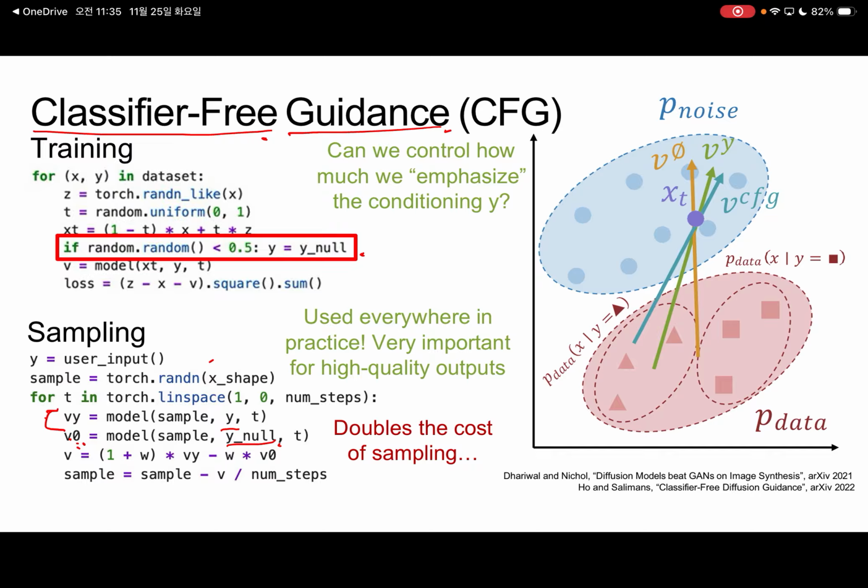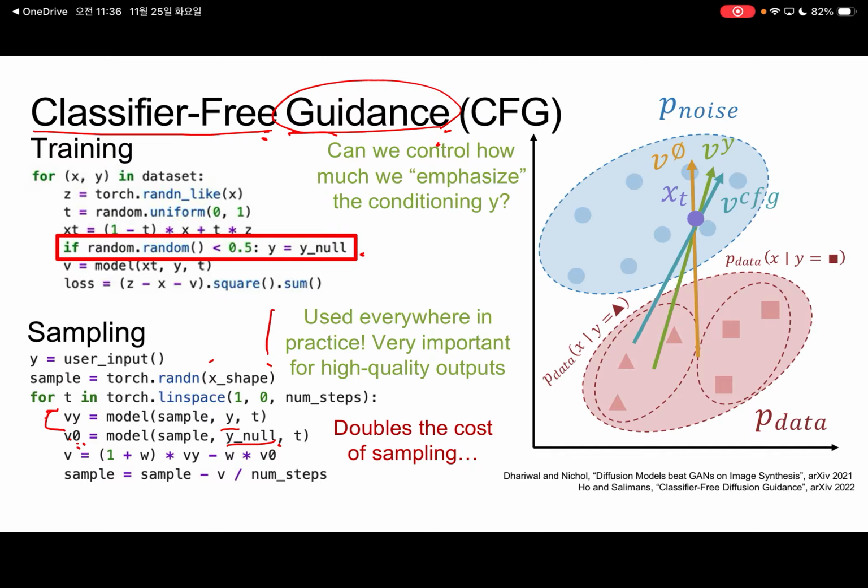We reduce the impact of V0 and increase the impact of Vy so that we can make a guidance during the denoising iteration. We can make a guidance where the denoising trajectory tries to focus more on conditional information. That is the CFG, classifier-free guidance. It is used every year in practice, very important for high-quality outputs, used literally everywhere.